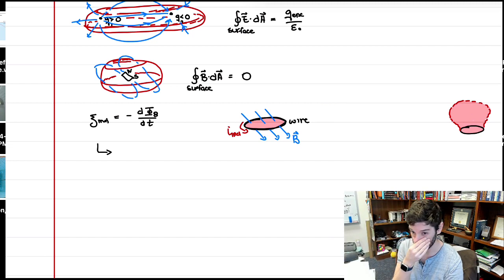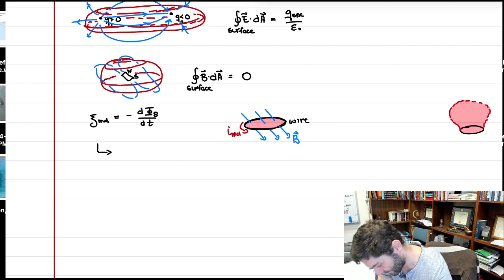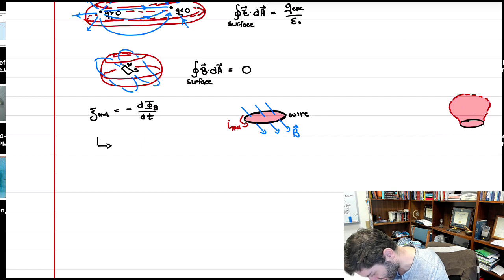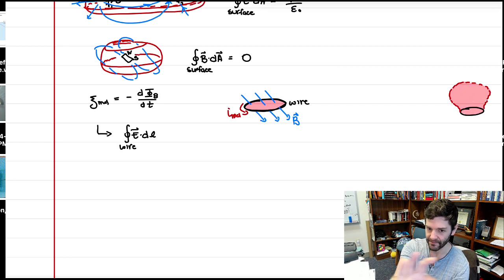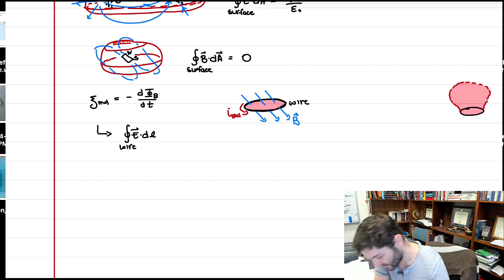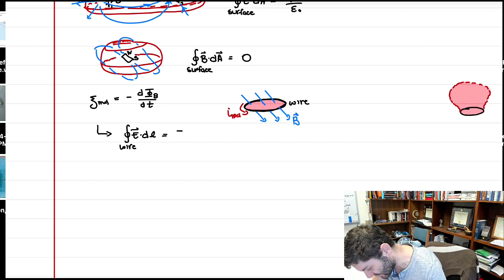So, it turns out, after a little bit of math, you can write this as the following. I can write Faraday's law as the integral of the electric field dot dl. So this is, to use the wire, the electric field along the wire, and it is related to minus the time derivative of the magnetic flux, which is just the integral of B dot dA.